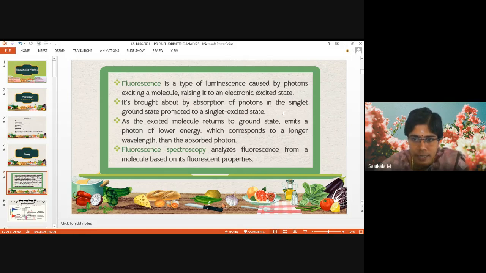So that state is called a singlet ground state, and it is promoted to a singlet excited state where the electrons will be unpaired. It becomes unpaired, but it will still have opposite spin. So that is called a singlet excited state. Electrons will have opposite spin, but become unpaired in the excited state. How does it become unpaired? By means of absorption of photons.